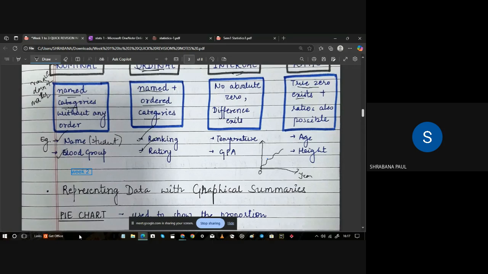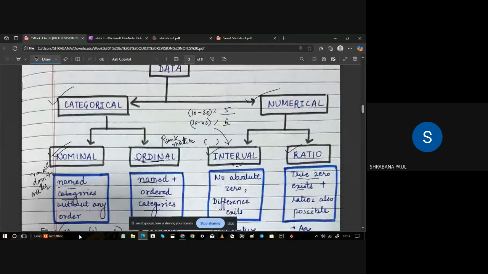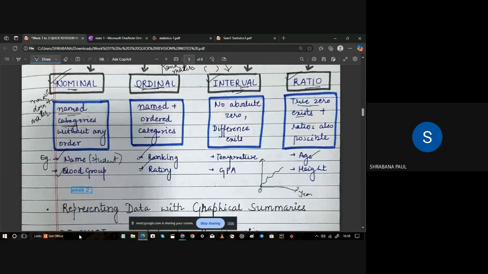So it comes regularly. So we can now differentiate data into four broad categories. Under categorical data, we have nominal and ordinal. Under numerical data, we have interval and ratio. Examples of ratio: age, height. And under interval, we say temperature from this degree to that degree, or CGPA from 4 to 5 CGPA, 2 to 3 CGPA, like this.